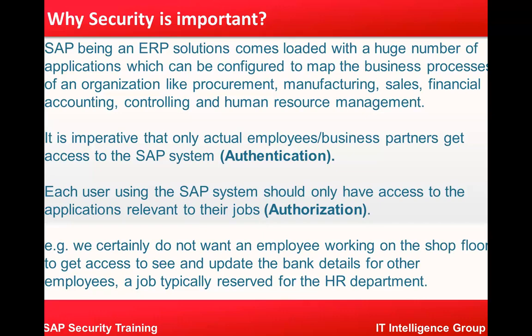that is authorization. So just take note of these two terms, authentication and authorization. Authentication is basically giving access to the system, and authorization is giving the relevant roles to perform their work. For example, we certainly do not want an employee working on the shop floor to get access to see and update bank details for other employees.